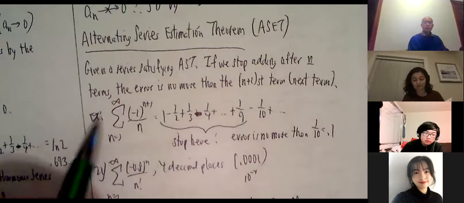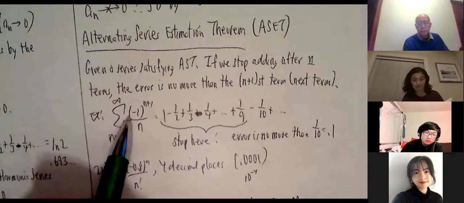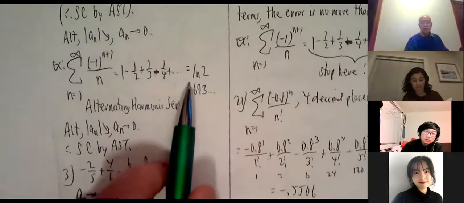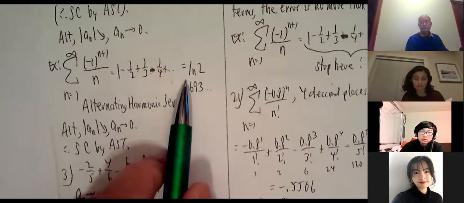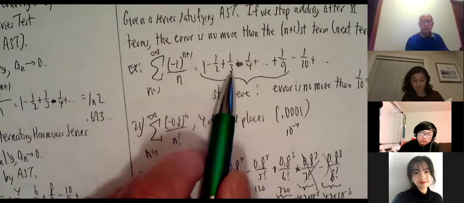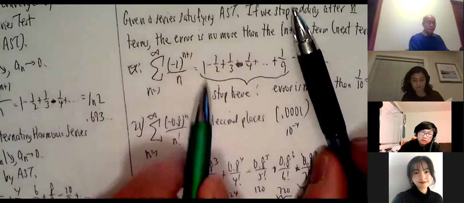Suppose I want to estimate the sum of the alternating harmonic series. I already know it's ln 2, but suppose we don't know that. I'm guessing you don't know that right now. 1 minus a half plus a third minus a fourth. Suppose I decide to stop right here.